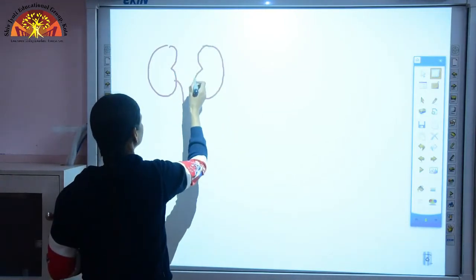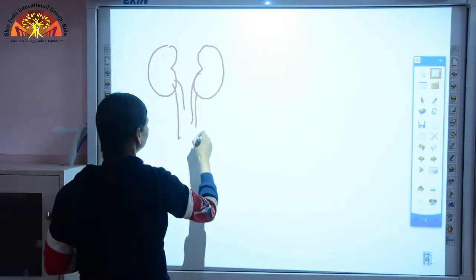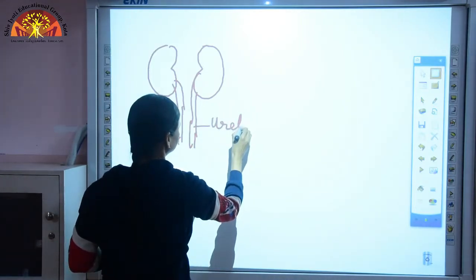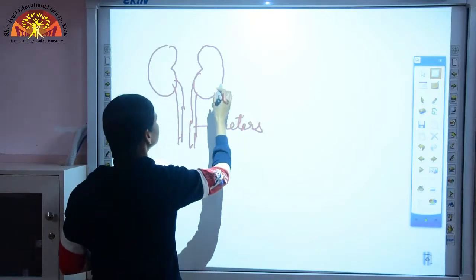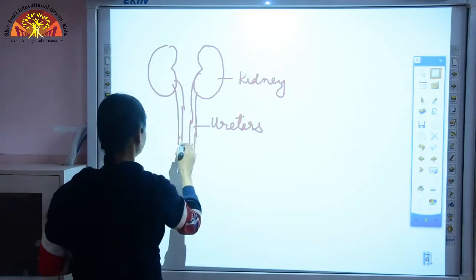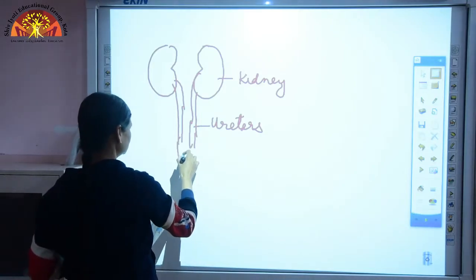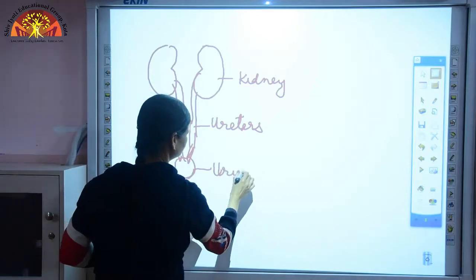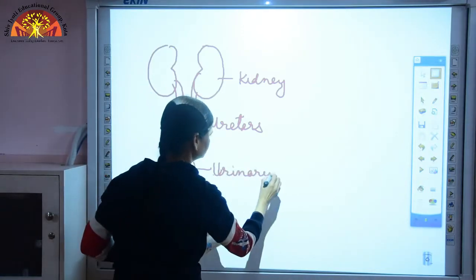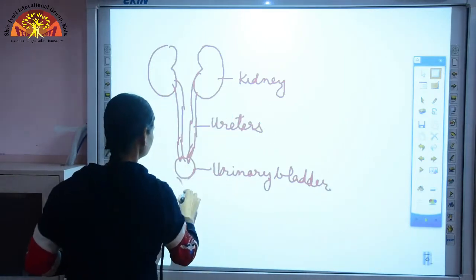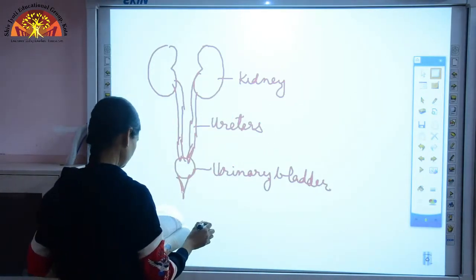Through this, renal vein and renal artery are coming, and these are the ureters. Then they unite in a bag-like structure which is called the urinary bladder. Then it leads to the urethra.